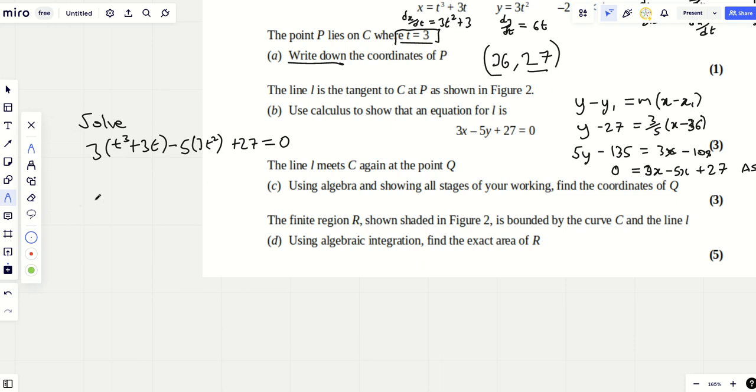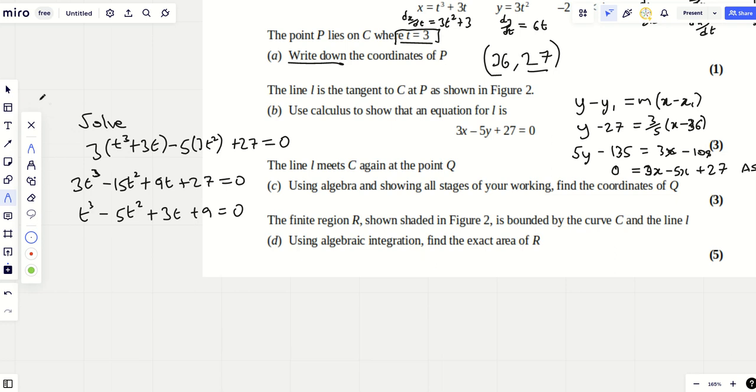Now, I do have an advantage when I'm normally solving, but I'm just going to write it down first. 3t cubed plus 9t, but I'm going to write down next to minus 15t squared, just to make this easier. Minus 15t squared plus 9t plus 27. And actually, that is all divisible by 3, so let's write that down as t cubed minus 5t squared plus 3t plus 9. That's just good advice: cancel down and simplify what you're working with.